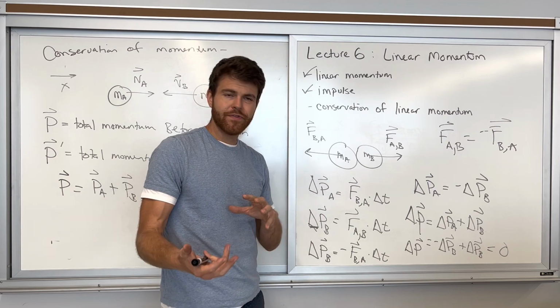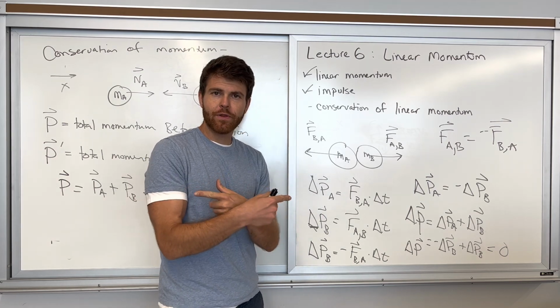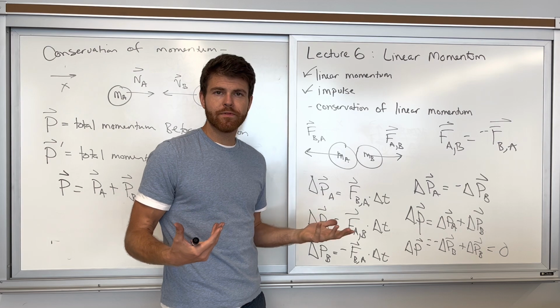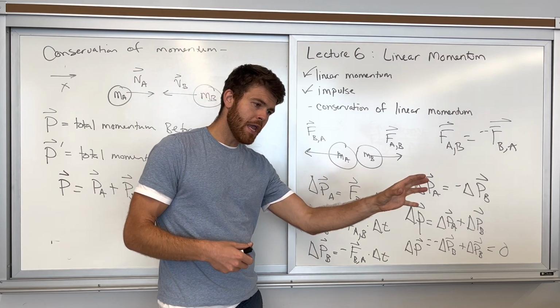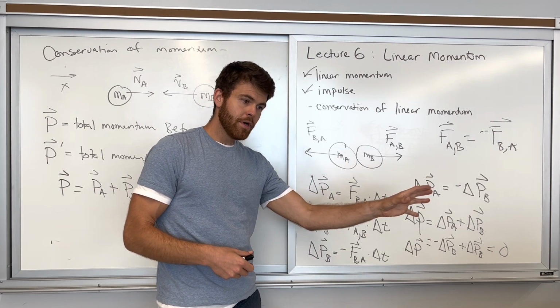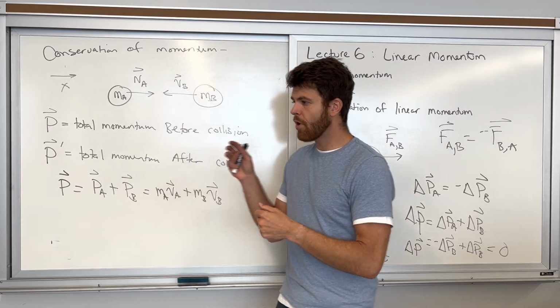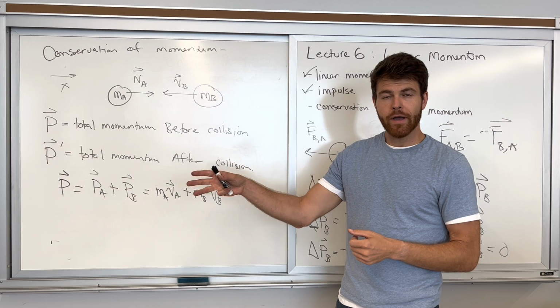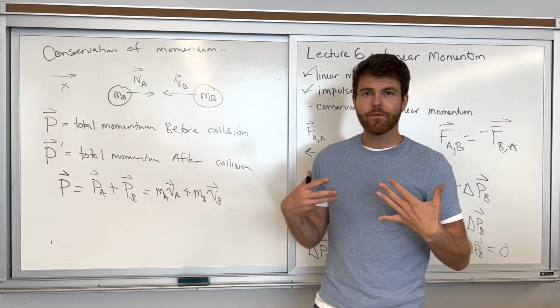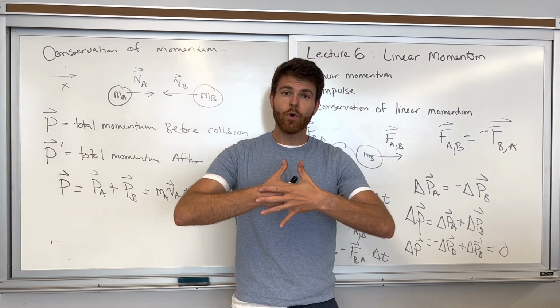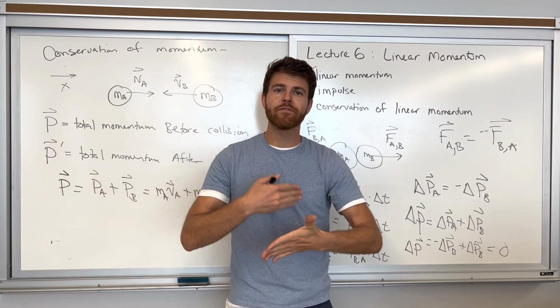They're in contact for the same amount of time, they exert the forces on each other for the same amount of time, and they exert equal and opposite forces. So the impulse that ball A imparts on ball B, and therefore changes ball B's momentum, is equal and opposite to the impulse that ball B exerts on ball A, which changes its momentum. So therefore their changes in momentum are equal in magnitude but opposite in direction and cancel each other out.